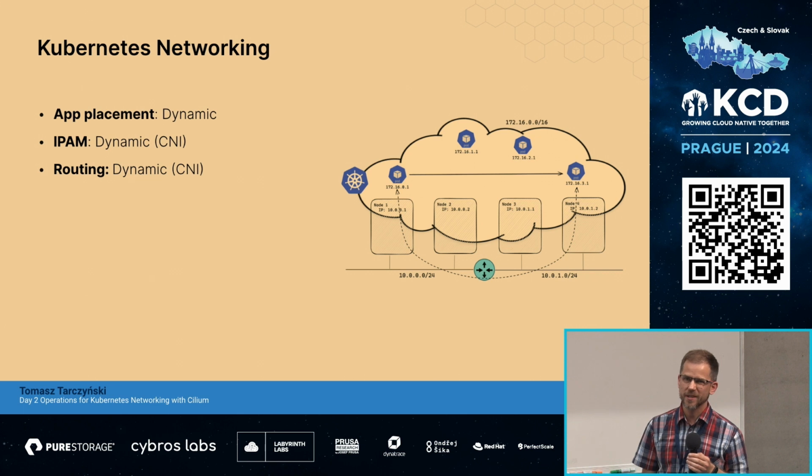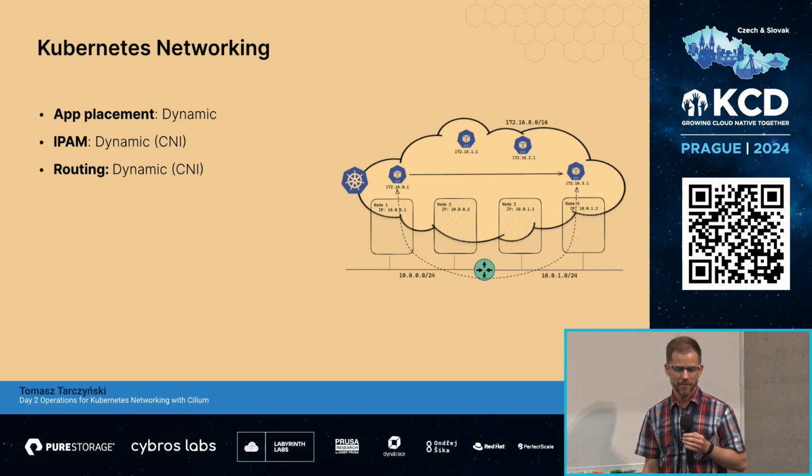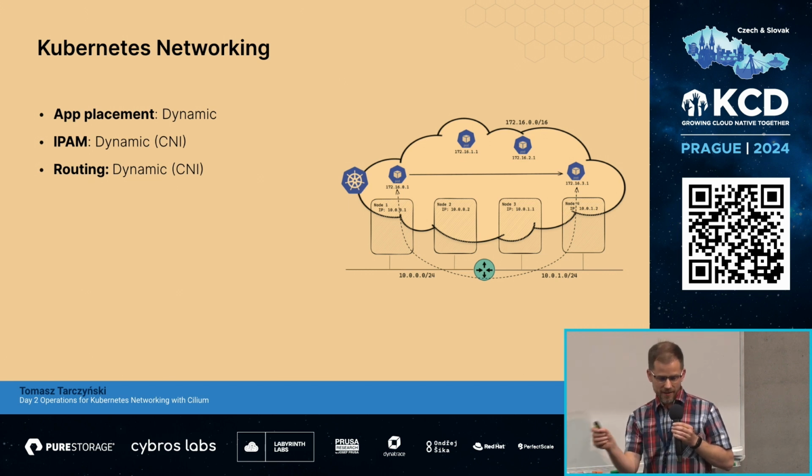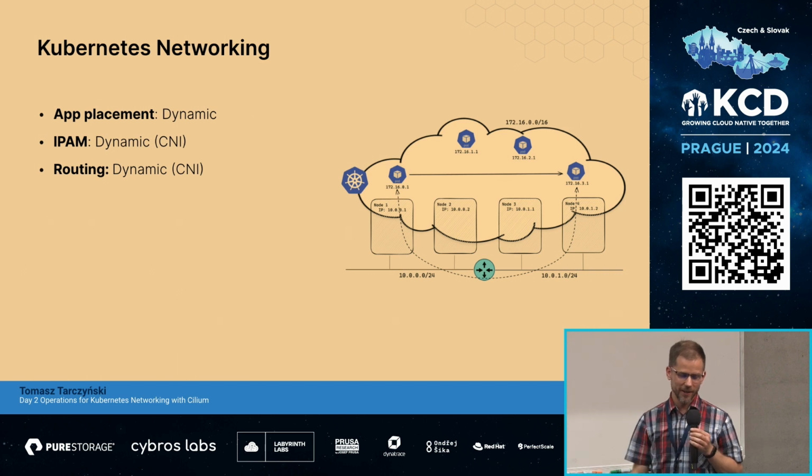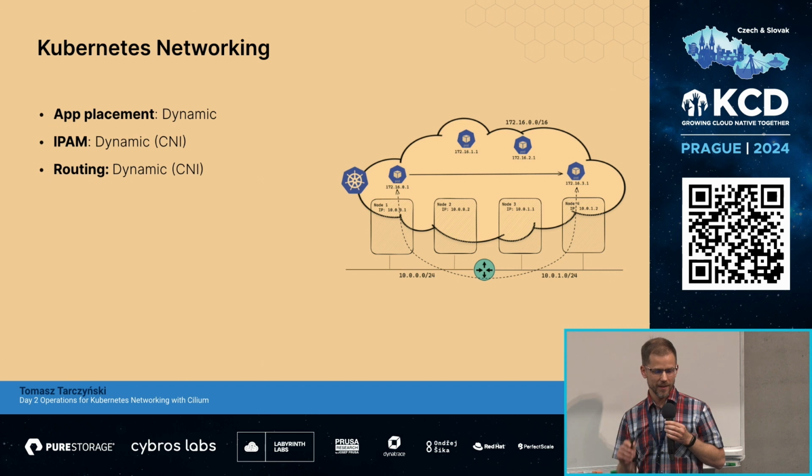Of course, it's not just magic. Those packets need to get from point A to point B somehow. So you can still see this underlying network below our Kubernetes cloud, so it still needs to connect somehow.